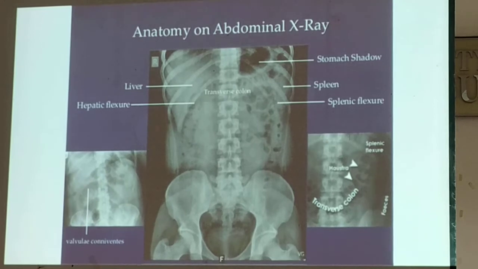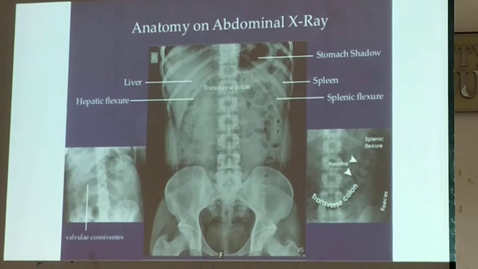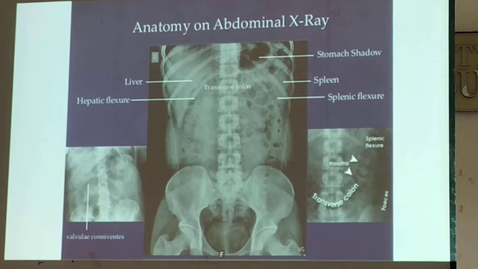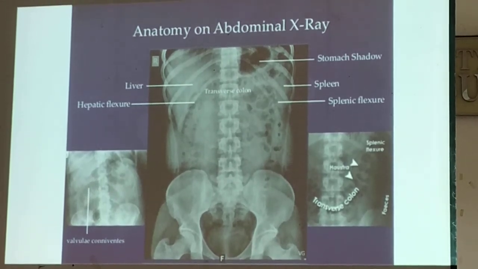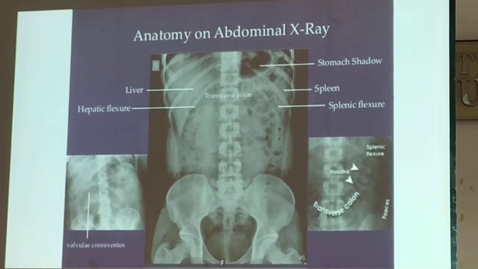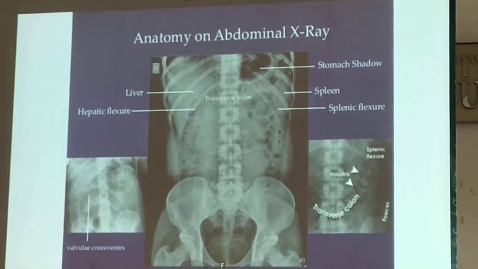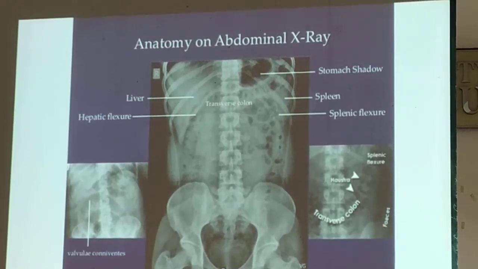So, what's the difference of your large intestines and your small intestines? Aside from their location anatomically, you would appreciate haustra with your large intestines and valvulae conniventes in your small intestines.